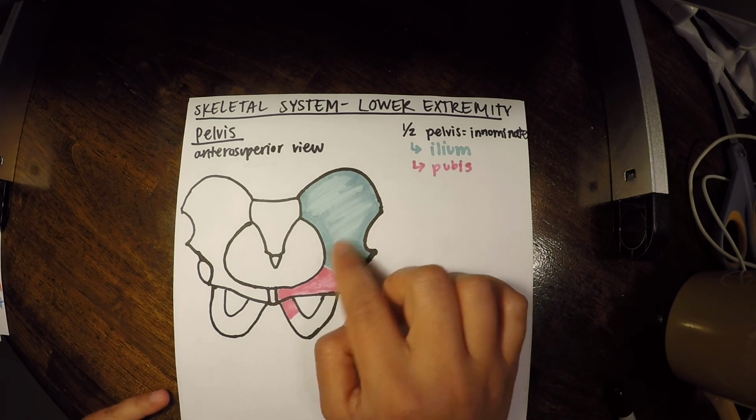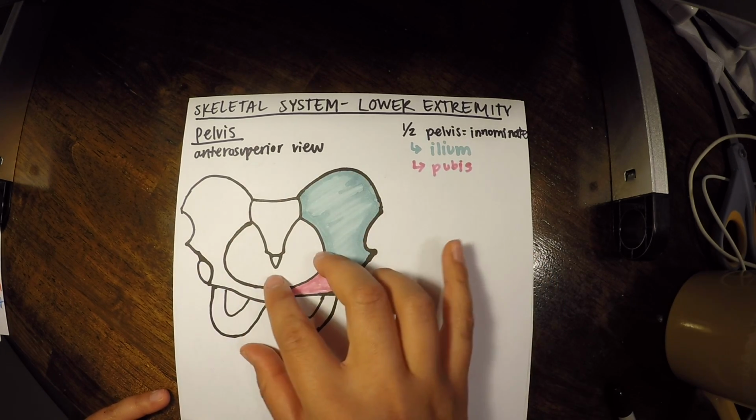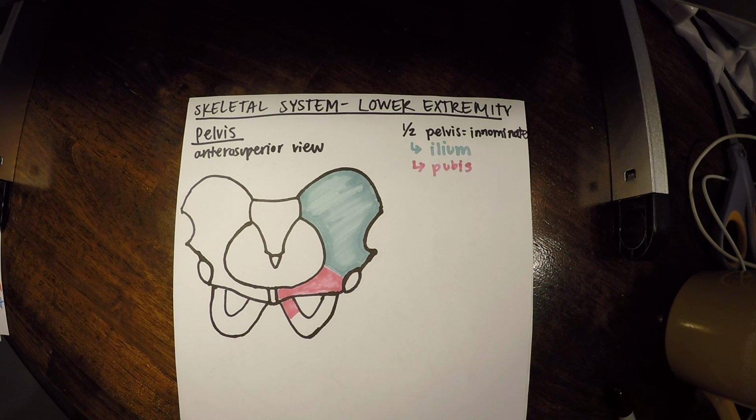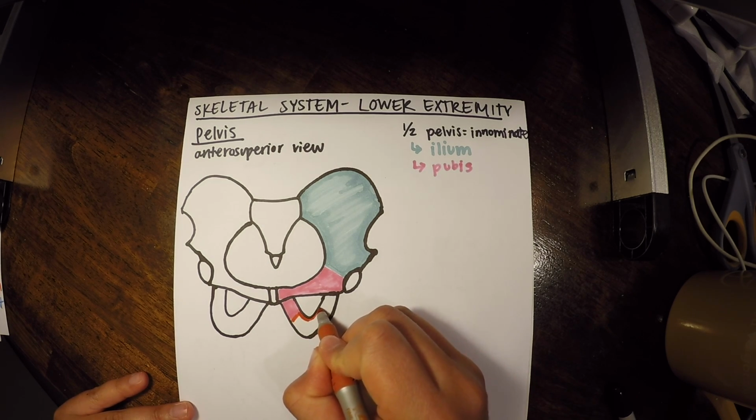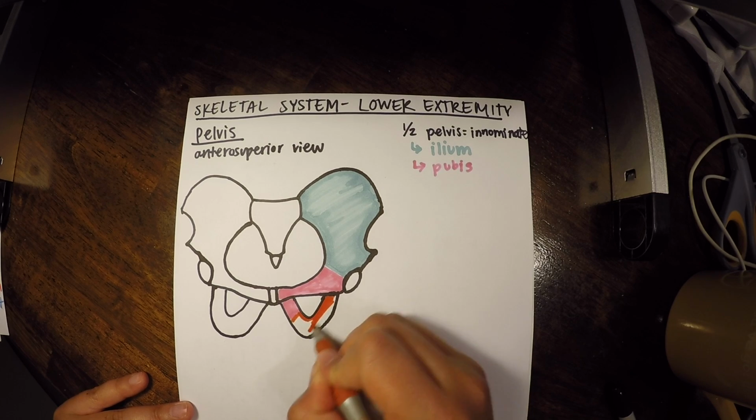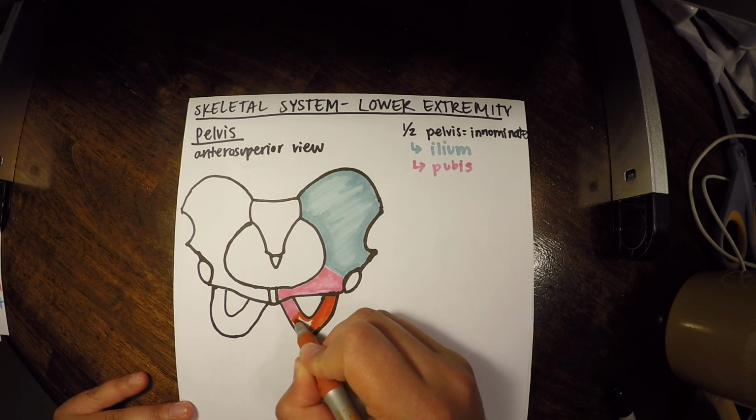Now our last piece of the innominate, which again is the same on both sides, but we're just coloring one side for now, that is our ischium. And that's going to be all of this.